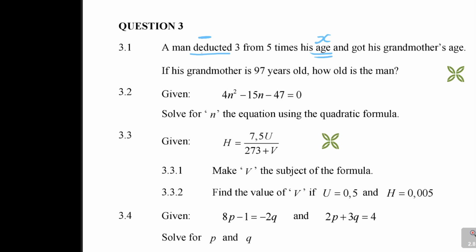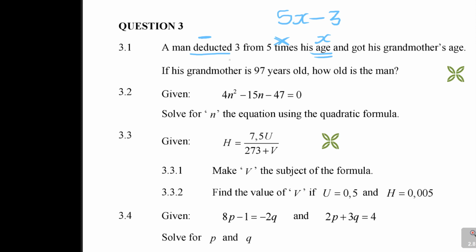So a man deducted, meaning subtracted, 3 from 5 times, remember you're multiplying, 5 times his age. That is 5x. First you multiply his age, 5 times x, then from there he deducted 3.